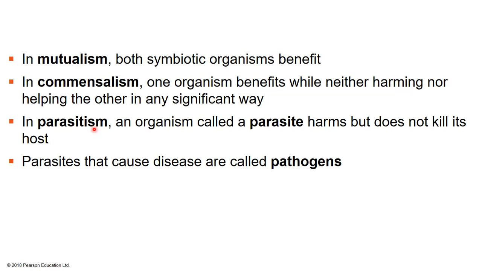Here, one organism, which will be called the parasite, will cause harm to the other organism, but it does not kill it. Okay. So the symbionte will be called parasite, and it will harm the host, but without killing it. Some parasites might cause disease, and they are called pathogens.